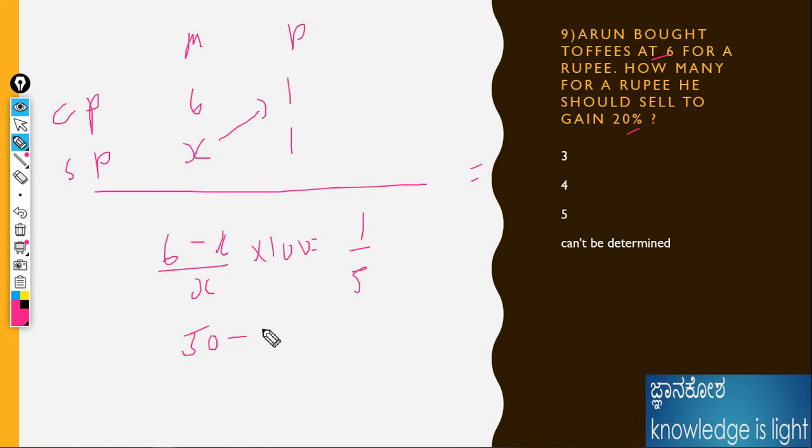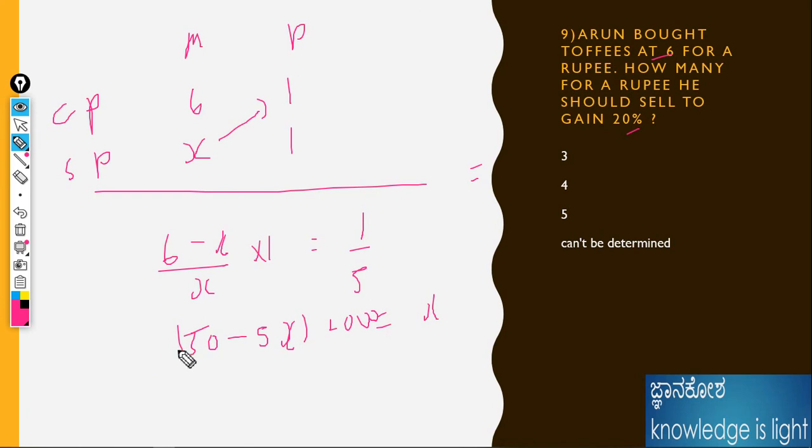Then 5x minus 30, and equal to x over the cost. Here we should take it as 1 only, because I have taken 1 by 6. That's why I'm taking 1 only. Don't be confused about that.